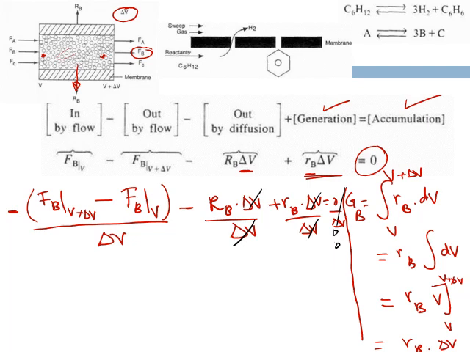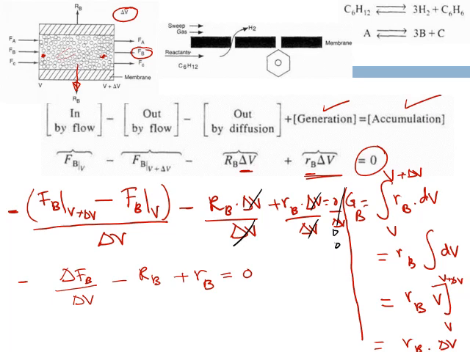And now we have the following equation. Let me just write this as delta FB over delta V minus RB plus RB equals 0. Again, this RB is related to the rate of diffusion per unit volume.